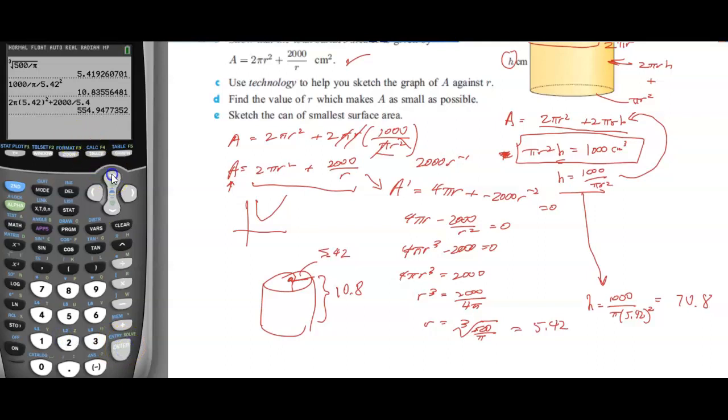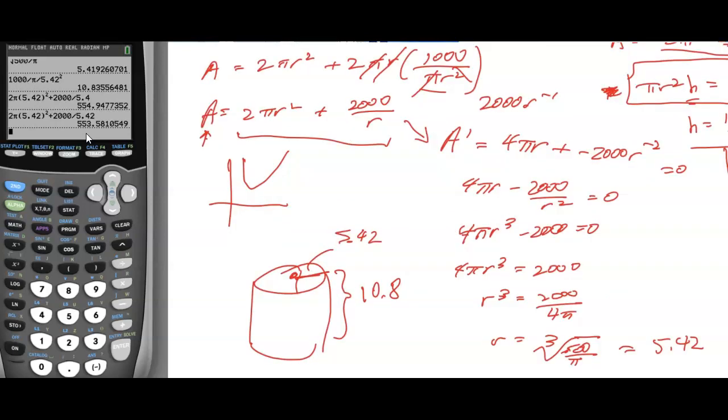So 554 is the area. So we can make our sketch a little bit better by saying, oh, at this minimum point here, the r value is 5.42, right? And the area is 554. Okay, that's it.